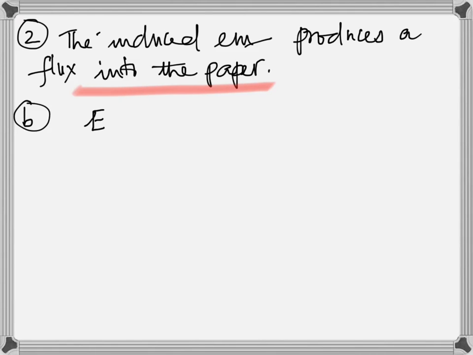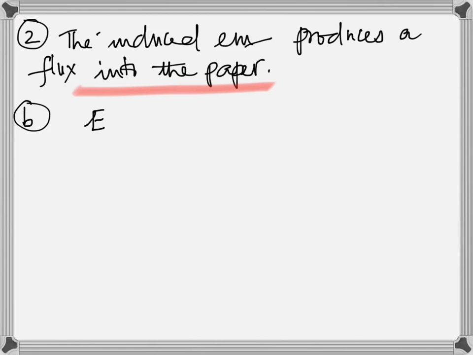And in this case, the induced EMF must produce a flux into the paper. Why? Because the area is decreasing, so the flux is decreasing. It is this decreasing flux that's producing an induced EMF. And that induced EMF does not want the flux to decrease. Therefore, it sets up a magnetic field exactly in the same direction, which is into the paper.